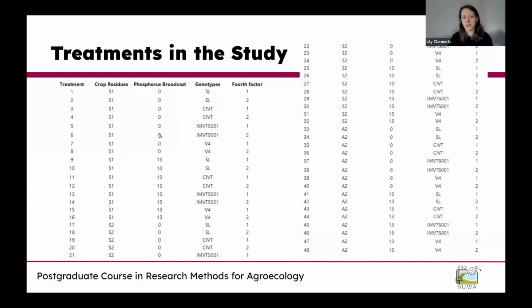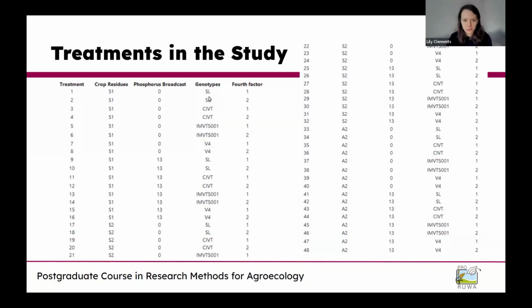So the changes in the crop yield that are seen when you compare treatments 1, 2, 3, 4, 5, 6, 7, and 8 will not be to do with crop residue or phosphorus broadcast, because we always apply the same level of them.